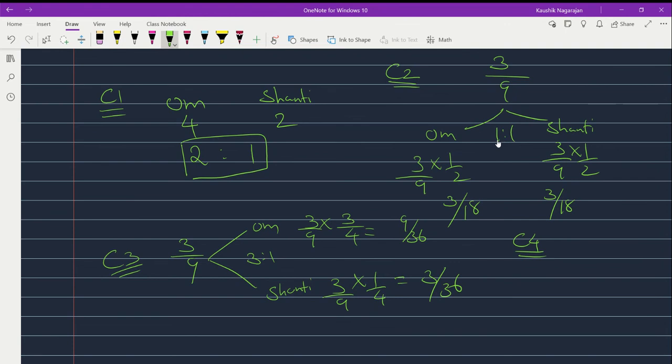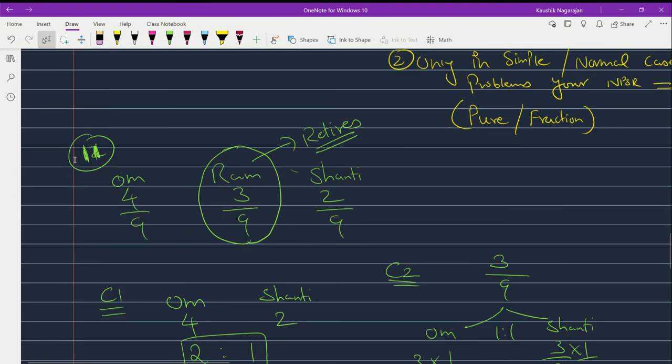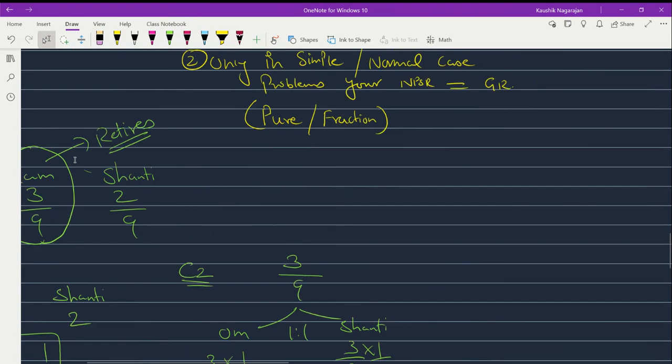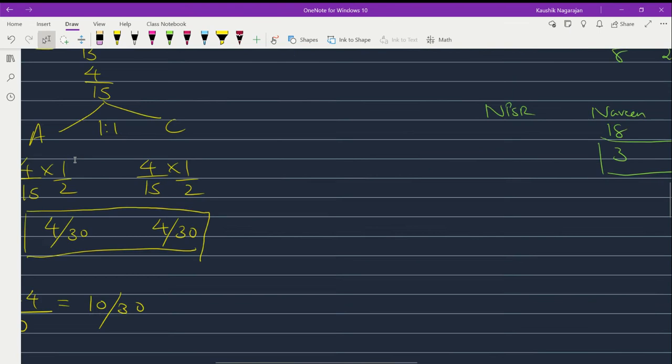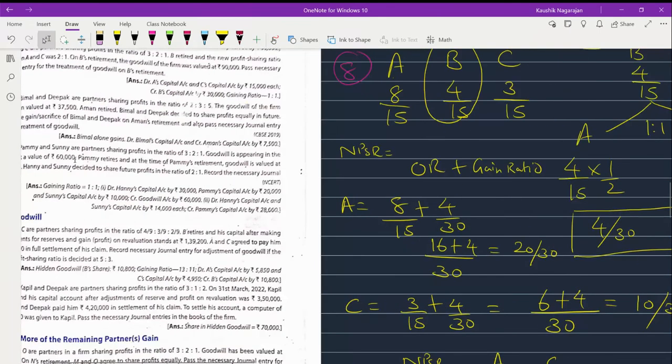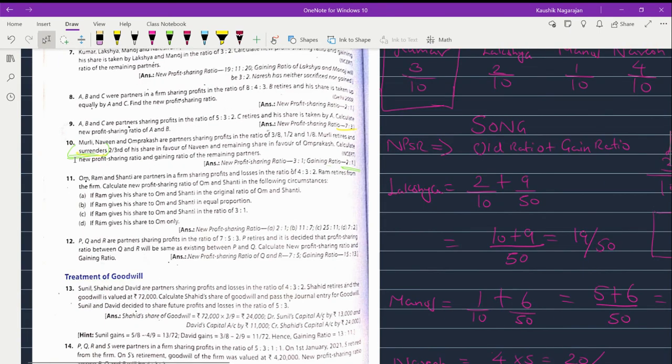And now comes the last, that is the 12th problem. What is given in the 12th problem is there are three partners P, Q and R. The partners P, Q and R share profits and losses in 7 is to 5 is to 3.